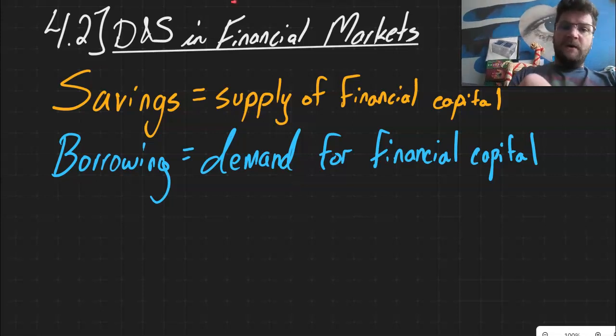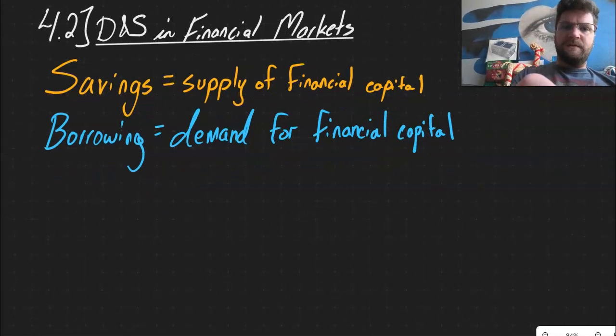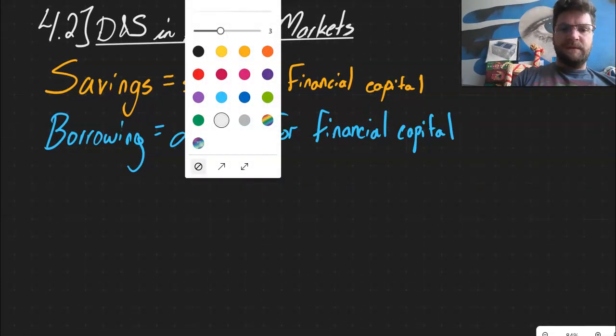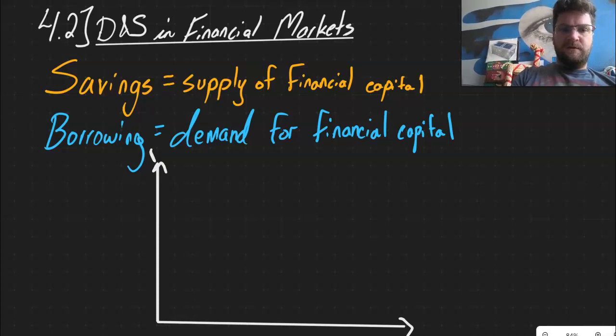So how do we very loosely model what happens in terms of financial markets? How do we use our supply and demand model to do that? Let's go ahead and start. So as always, we start with an L-shaped curve, but instead of price over here, we're going to have the interest rate.